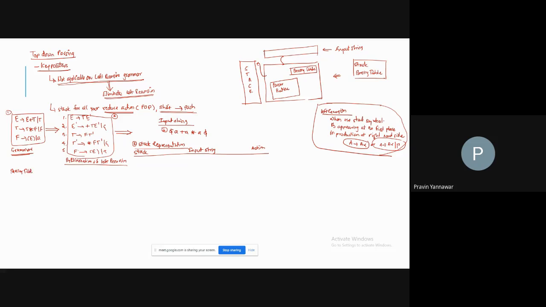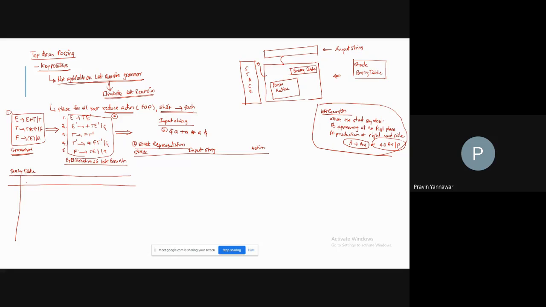So you can understand that too. Now when you are trying to draw a parsing table, you have to keep certain things in mind. All your terminal symbols should go column-wise, and all non-terminals should go here.